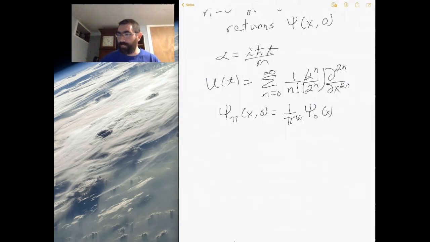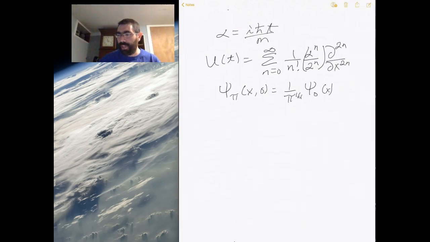So, okay, let's apply things. For the n equals 0 term, there is no change to the initial wave function. Now let's consider the n equals 1 term.